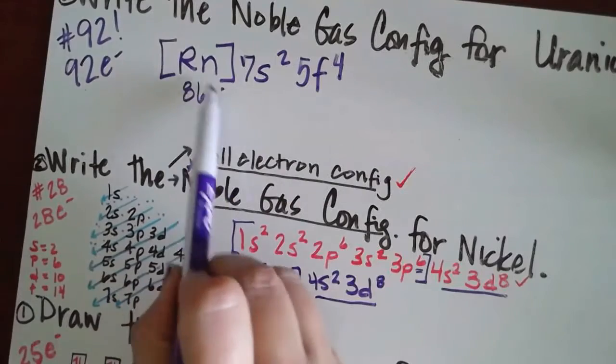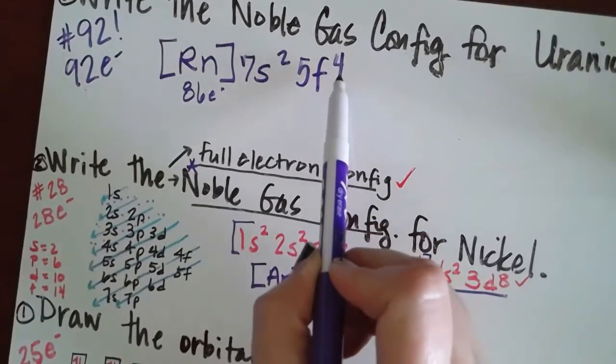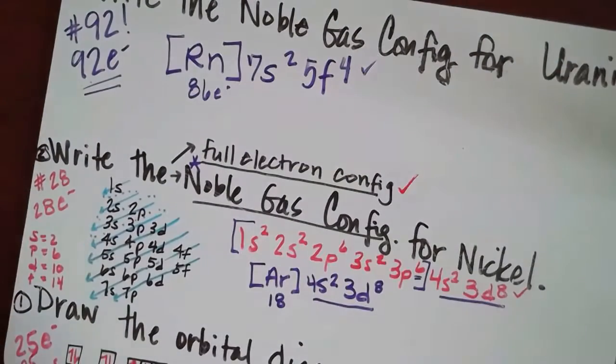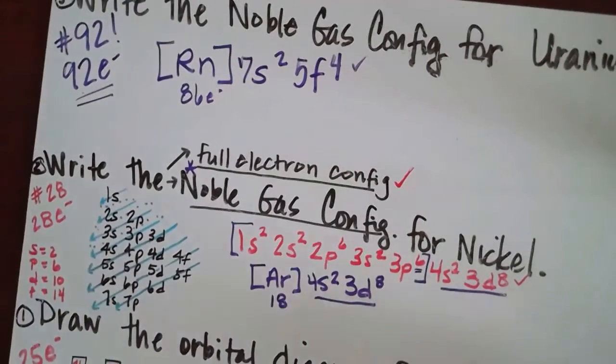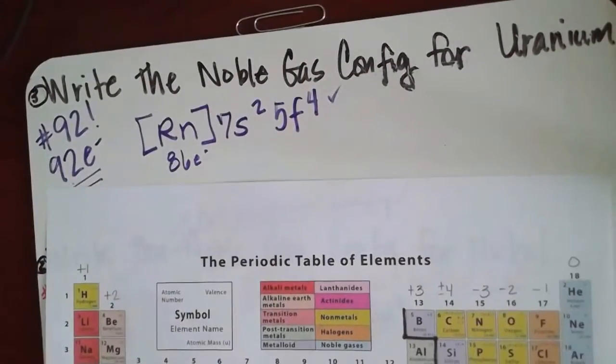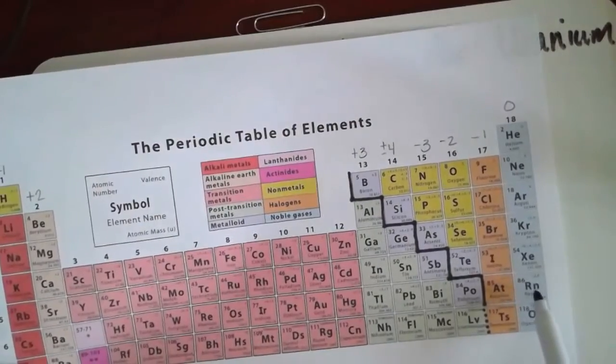If you add it up, 86, 87, 88, 89, 90, 91, 92 electrons. Check, we are done. And if you want to check the periodic table to make sure that you're right, look at your periodic table. We said that it is in Rn. So if you go to look at Rn, it's 86.